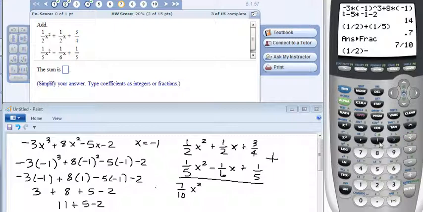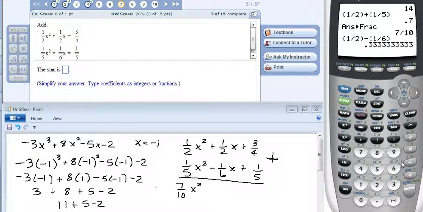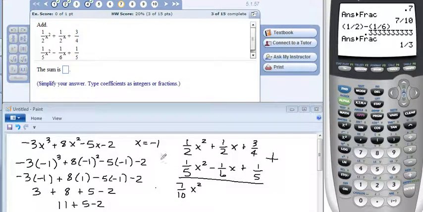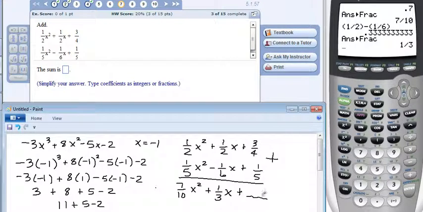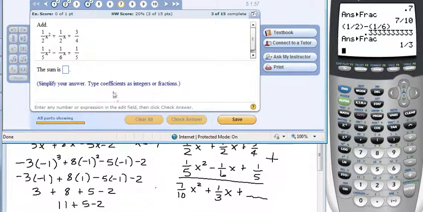And I'm going to subtract a 1/6. And I do math, enter, enter. So I've got a positive 1/3, and I've got x's. And then I'm just going to add those and get whatever I've got here. And there's my polynomial. Put them in as fractions, my coefficients. Coefficients are the numbers in front. So if this is given to you as fractions, we usually put them in as fractions.